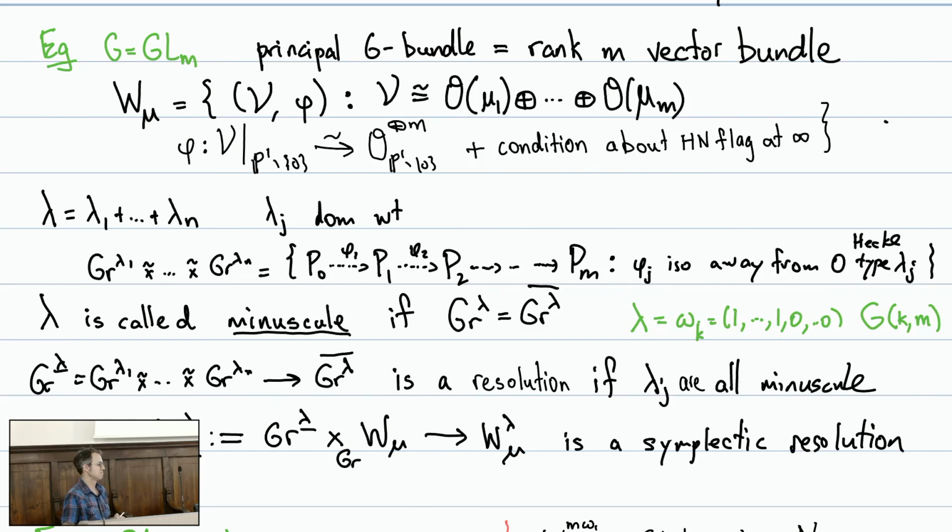I'm not aware of it. The version that Braverman and Finkelberg studied is more like a surface and a curve. Actually, it was specifically P1 cross P1 with a P1 at infinity, or something like that. So I don't know, but it sounds plausible.